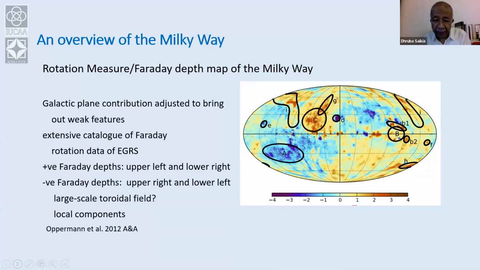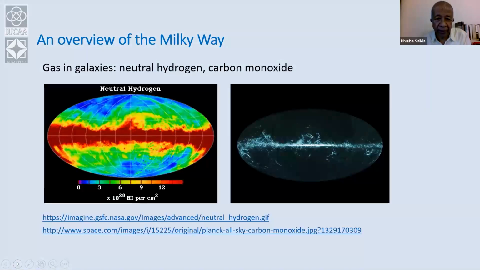Now, with the advent of the Square Kilometre Array, I think one is going to see dramatic changes in this, because even in this, which has about 43,000 sources, we are still at only about 1 source per square degree. So we need a finer grid to look at finer scale features and try to reconstruct what the magnetic field of our galaxy might look like.